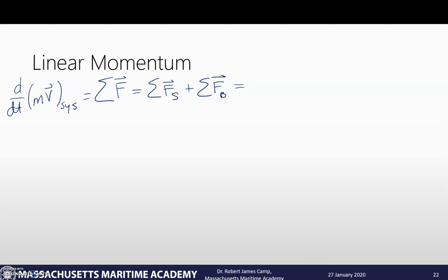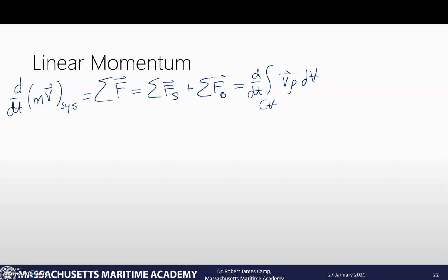And so, what is that going to equal? Just like with conservation of mass, we're going to look at the change of linear momentum in the system itself, and then what's coming into and out of the system through the boundary. So that's going to equal the time derivative over the control volume of the velocity times density over the volume.